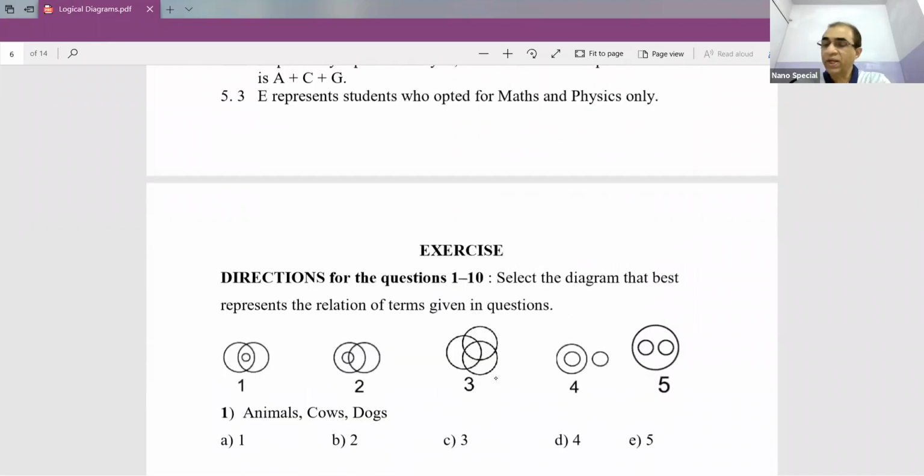Okay. Let's look at this question. Animals, cows and dogs. We have done similar questions. Yes, Shreya, Rishita, that's right. What about the rest? Ruchita, yes. We have done this kind of question. Animals, cows and dogs.